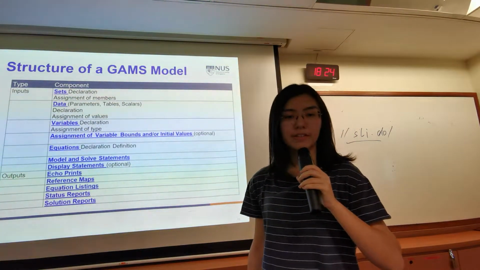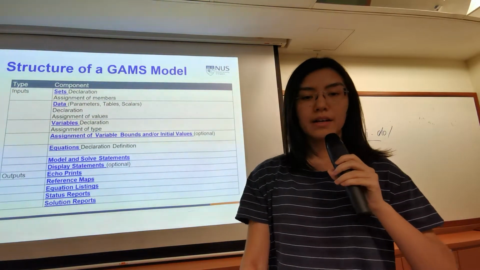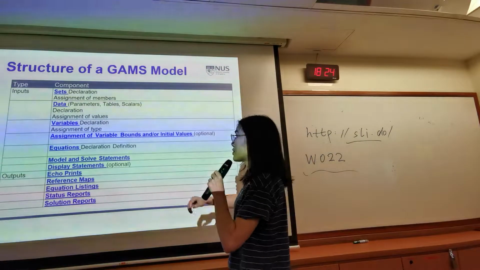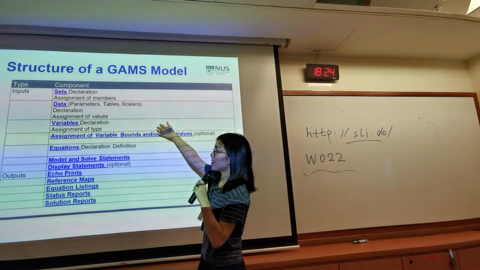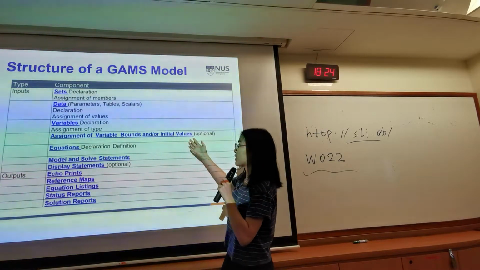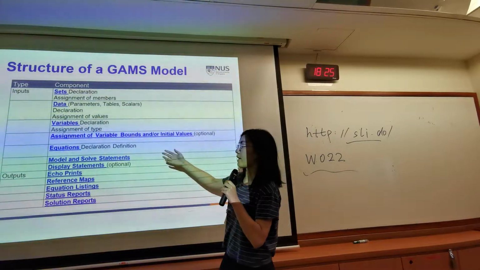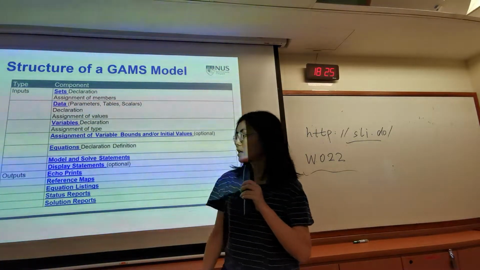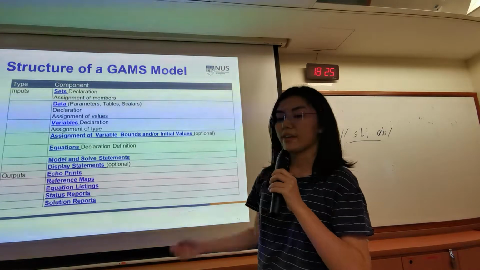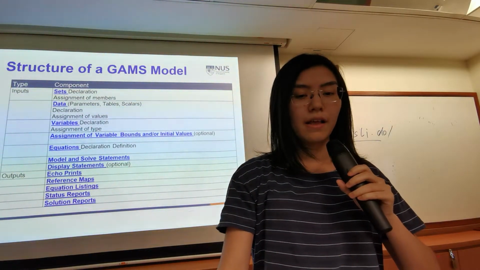As we mentioned just now, the structure of a GAMS model includes the inputs, which are set declaration, data input, variable declaration, assignment of the bounds of the variables, which is optional, and the equation, model and solve statements. Finally, you can display your results using the display statement.